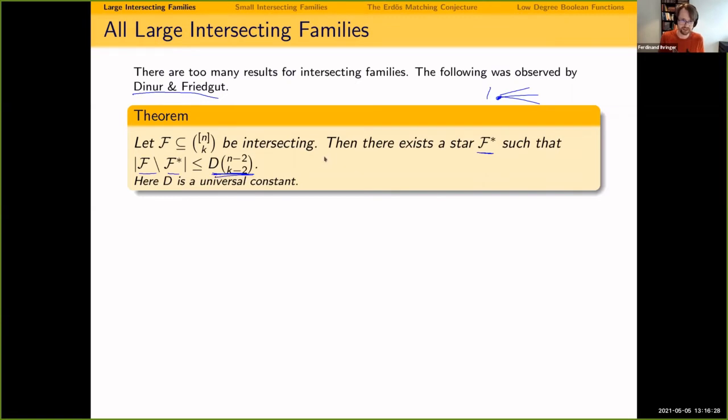This is small in the sense that n-1 choose k-1 is, at least when there's enough of a gap between n and k, much bigger. And the important thing here is that the D is a universal constant and does not depend on your n and k.